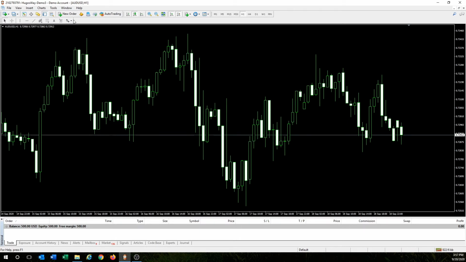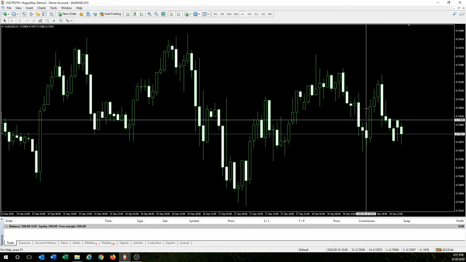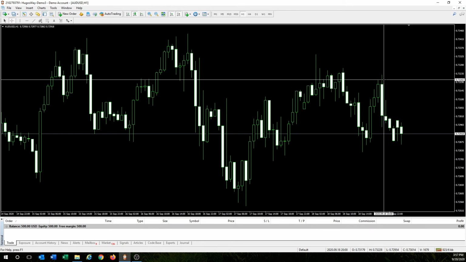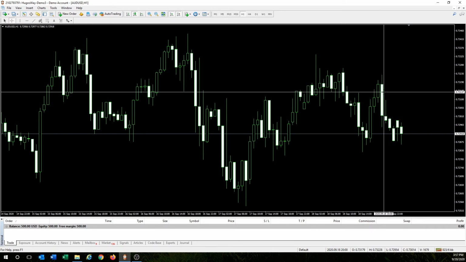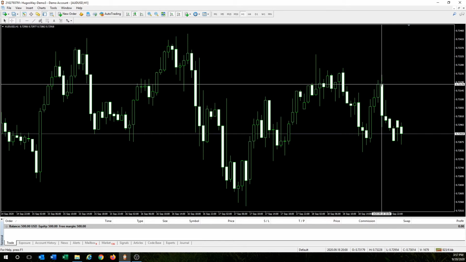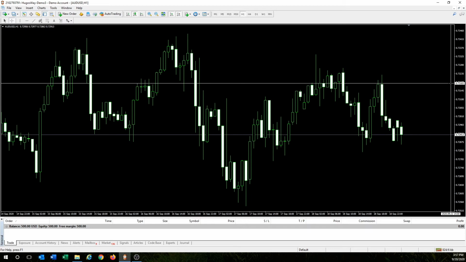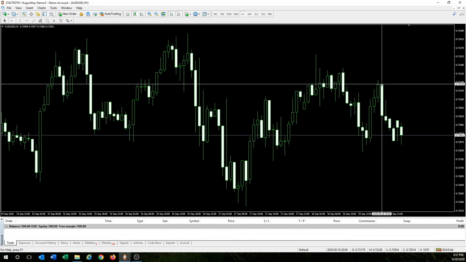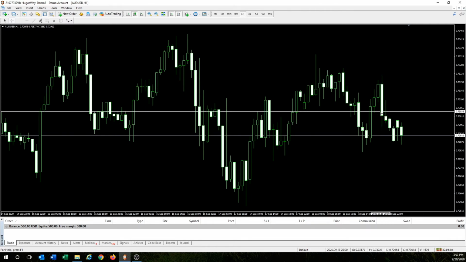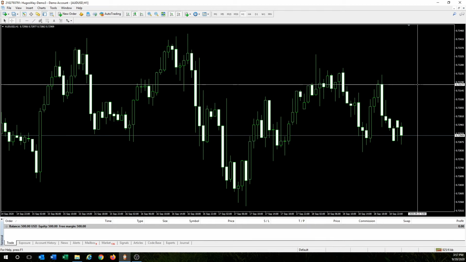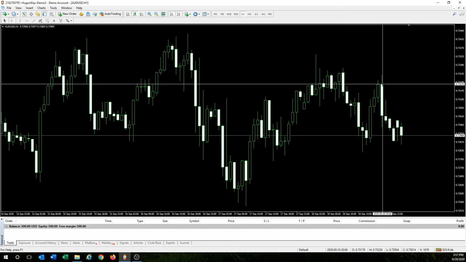Let's look at this little column here. These are just tools. Right now I'm using the arrow tool, and then you have this crosshair tool. Say you're looking to see when this candle formed. Using this crosshair tool, you can see on the right that the price when this candle opened, because it dropped down, was 73 cents, 73,179.